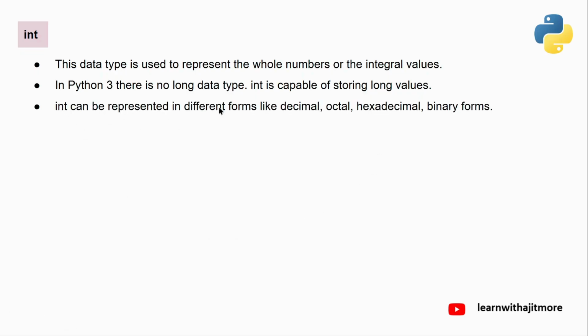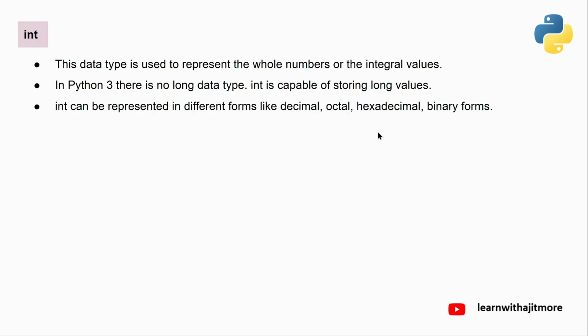Int can be represented in different forms. Decimal. Decimal means 0 to 9 combination. Combination of 0 to 9. And every digit is having place value 10 power. Cannot start with 0. Octal 0 to 7. Start with 0O. Every digit place value 8 power.